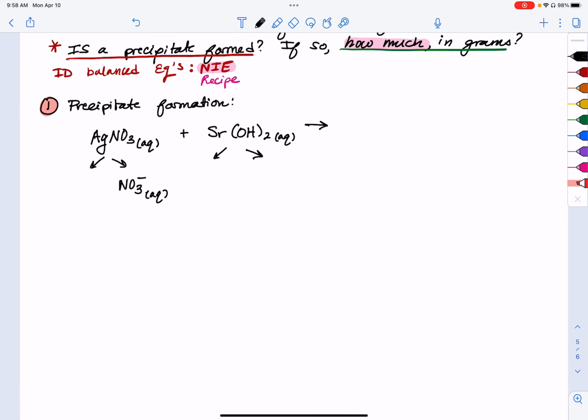And since we have nitrate with a -1 charge, our silver has to be present with a +1 charge, but we also know based on the electron configuration, specifically the valence electron configuration of silver, that this will always form a +1 charge. It's one of our exceptions to needing that Roman numeral notation for our nomenclature of ionic compounds.